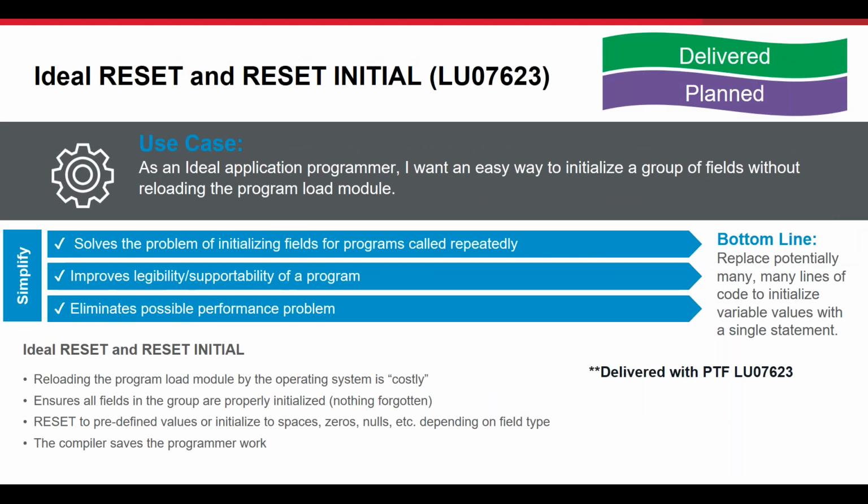I'm going to talk about a couple of enhancements we've been working on in Ideal for our RESET statement. One has been delivered, which is just a basic update to the RESET statement that's going to allow you to initialize a group of fields to spaces, nulls, zeros, basically blank out your fields for any programs that get called repeatedly.